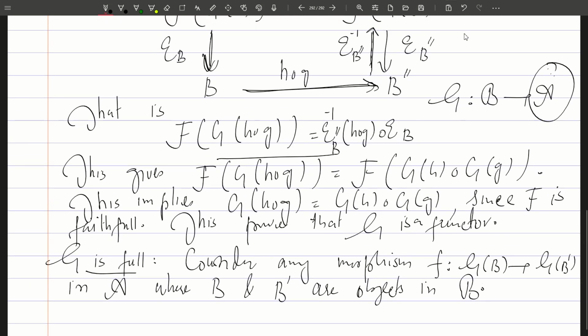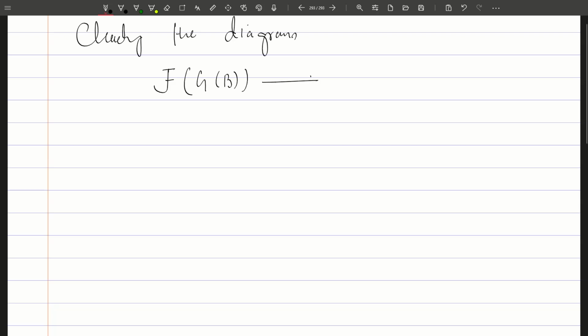So if we look at the diagram, which is given like this, we have F of G of B to F of G of B prime.